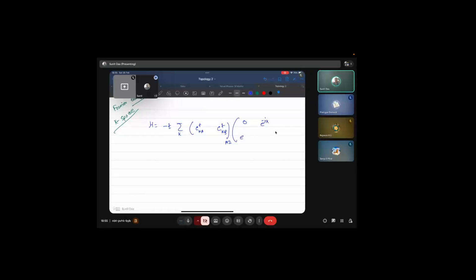The complex conjugate, e to the power minus ik star, will be plus ik. So e to the power plus ik, 0. I will explain how you can arrive at this expression briefly. And these are the annihilation operators.